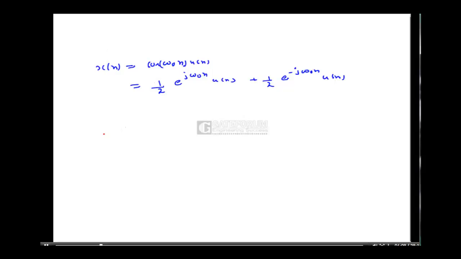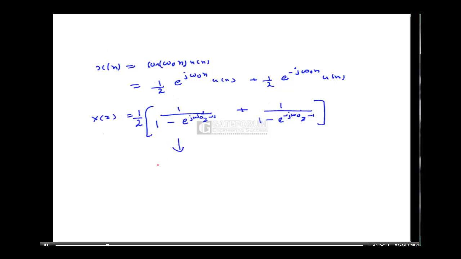So X(z) is nothing but 1 by 2 outside, 1 upon 1 minus e to the power j omega naught z inverse plus 1 upon 1 minus e to the power minus j omega naught z inverse.